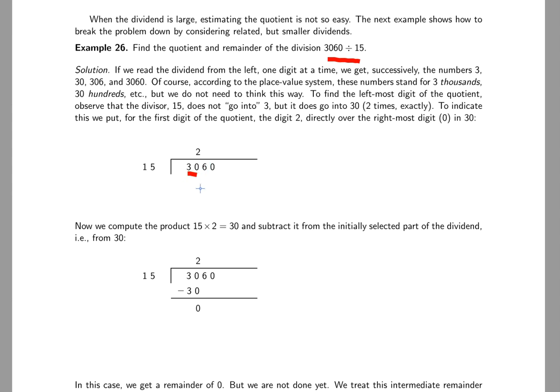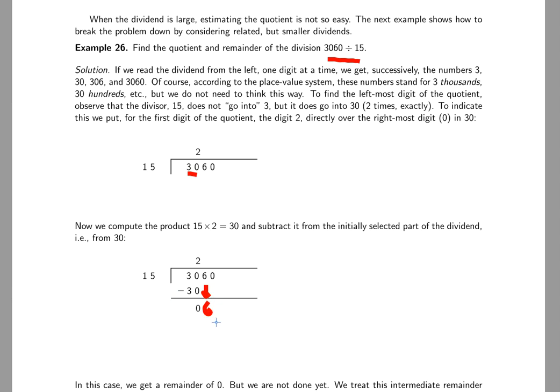2 times 15 is 30. Subtract that 30, and now you get 0. Next, bring down this 6. Now we're looking at 15 into 6.